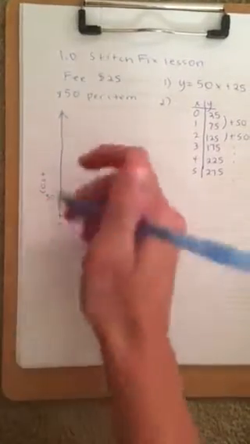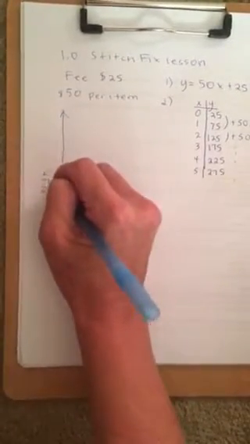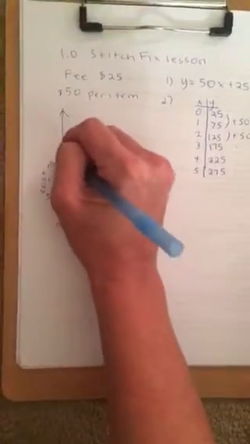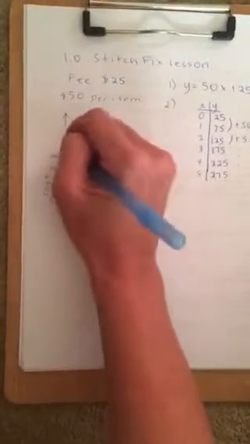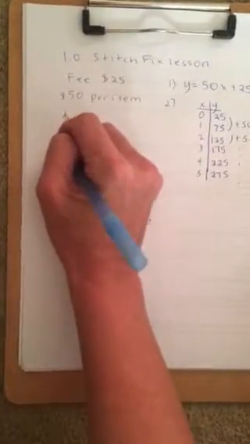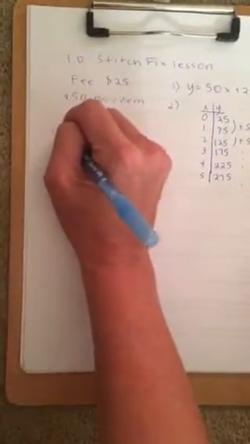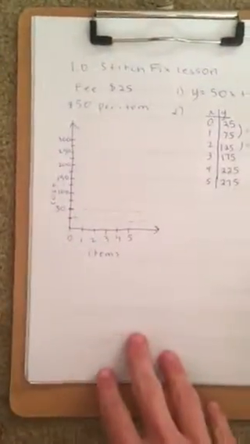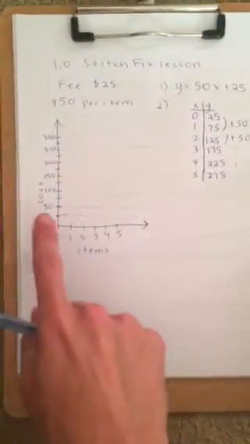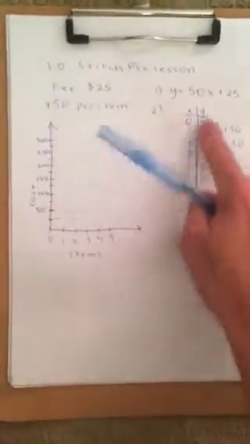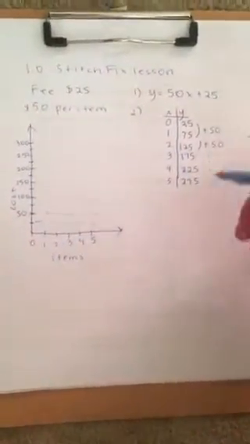So we have 50, 100, 150, 200, 250, and then 300. All right. Now, why 50? Okay, so that answer lies back in this table.